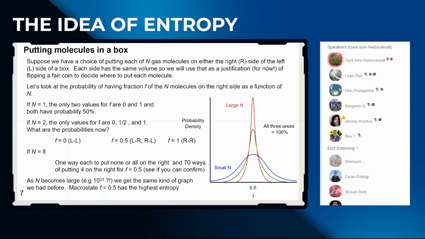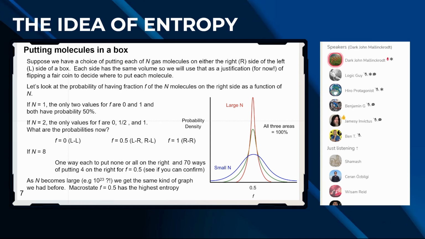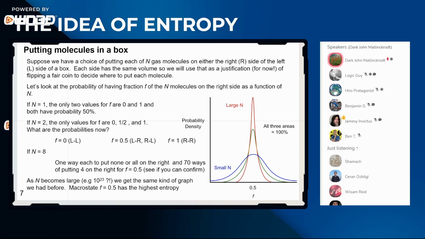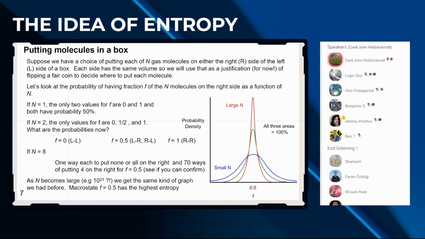No question it'll happen. But surprisingly enough, one can really make statements like this when you have 10 to the 23rd molecules. While there is an accessible microstate in which all 10 to the 23rd are on the left and none are on the right, and while that can, in theory, happen, I can bet my life on the fact that it will never happen.